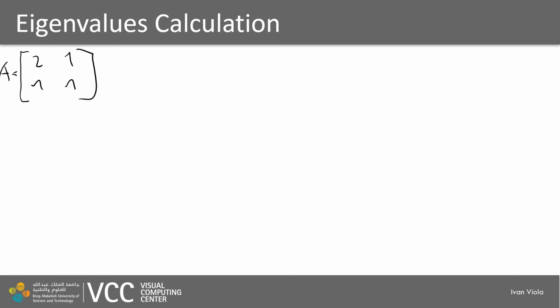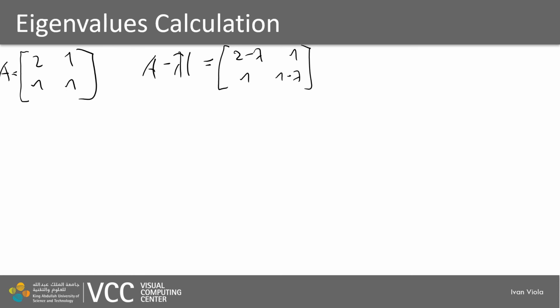How should we proceed? You remember, the matrix A minus lambda I would now equal 2 minus lambda, 1, 1, 1 minus lambda.